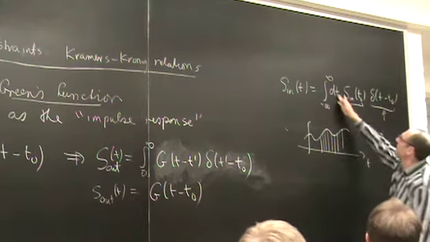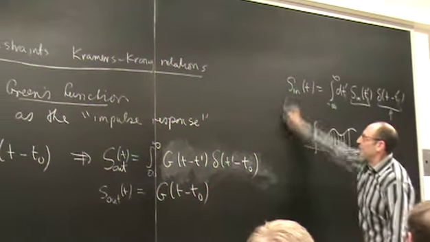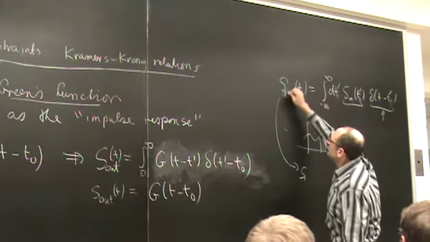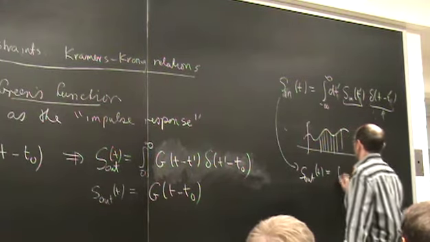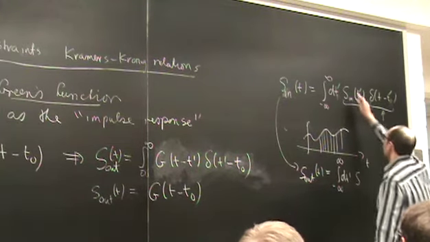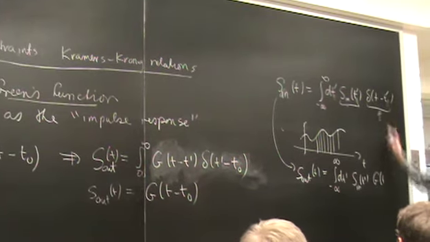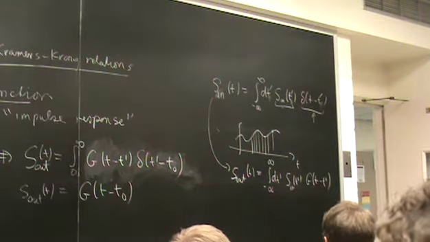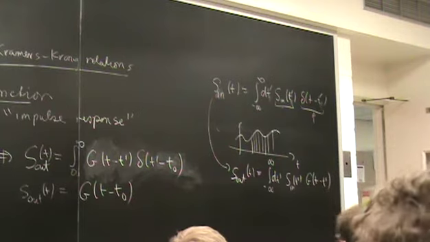Okay, in fact, instead of t naught, let me call it t prime. Then the formulas look exactly the same. That means the output is the weighted sum, which we're writing as an integral, of that strength times G, because each delta function gives rise to a G. So that is the picture you should have.